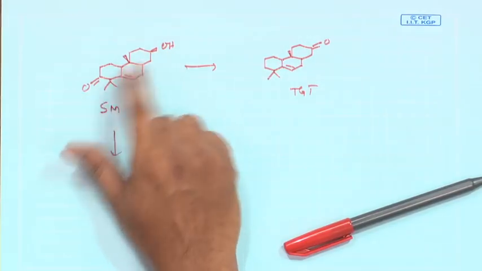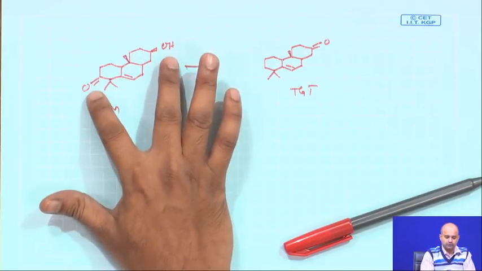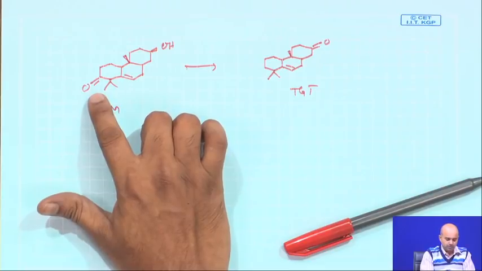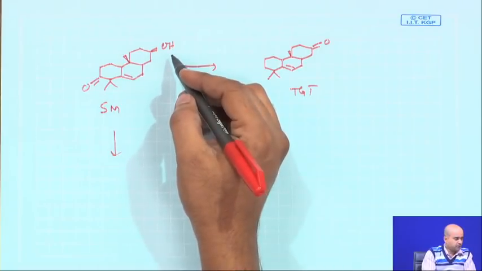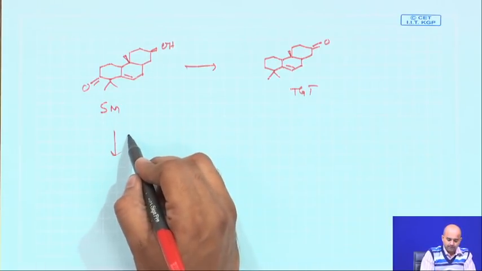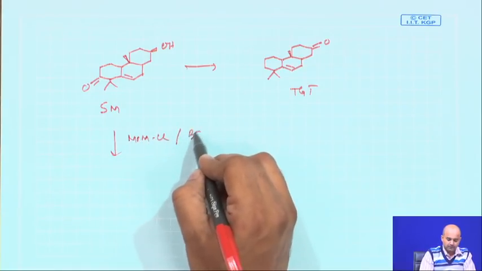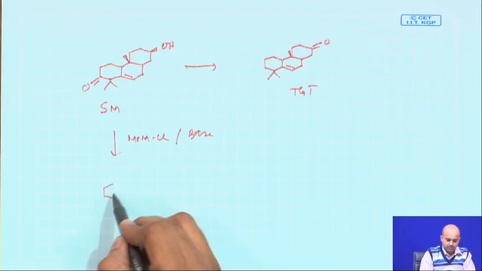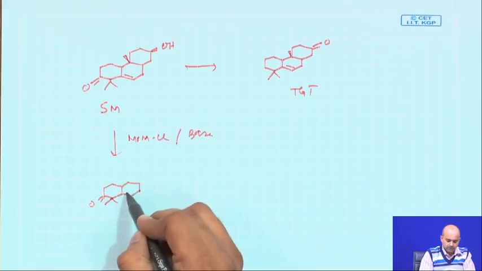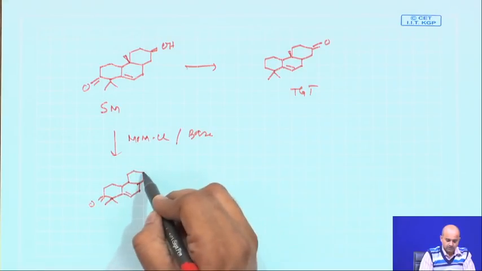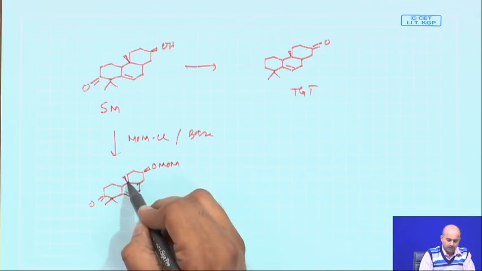Once the diketone has been generated, you have difficulty with selective deoxygenation, because this end ketone needs to be deoxygenated. So at the very beginning, you protect this OH group, let us say with MOM chloride and a base, DIPEA. This is the initial protection; all the structural features of the remaining part will be similar, and you protect it as O-MOM.